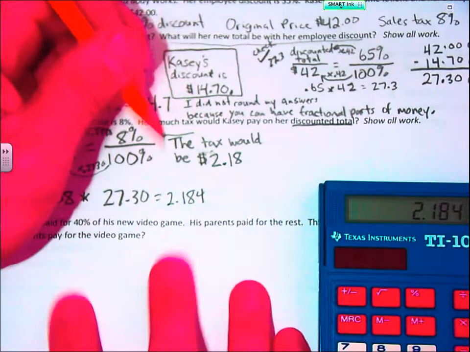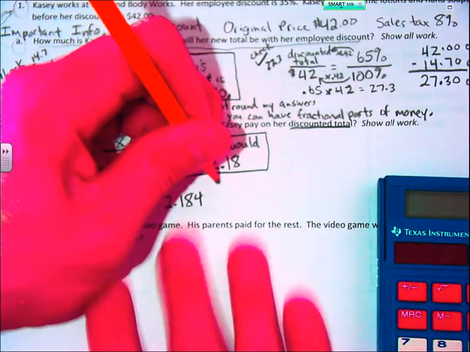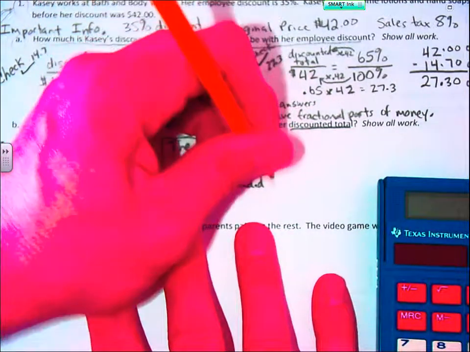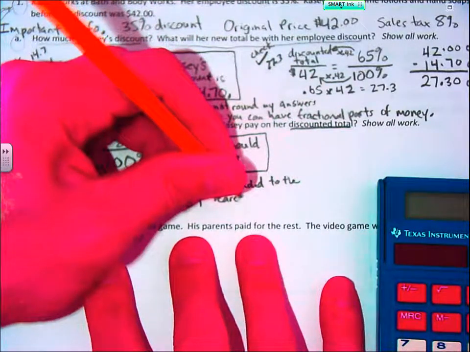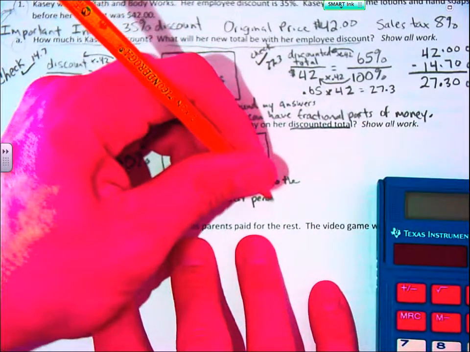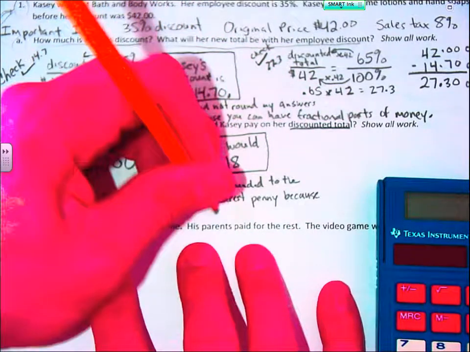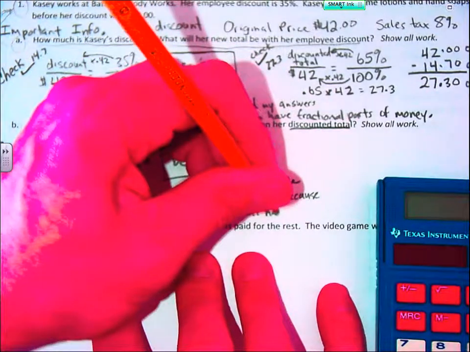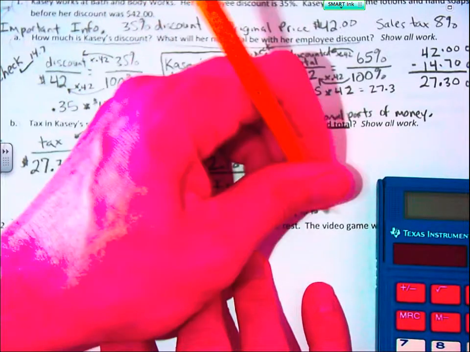Put a box around the answer so Mr. Molnar can see that. And then I would write down, I rounded to the nearest penny or hundredth because you can't have parts of a penny.